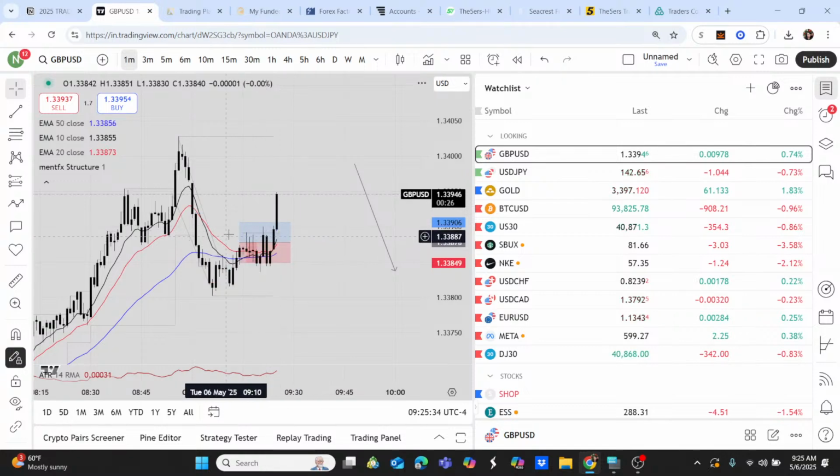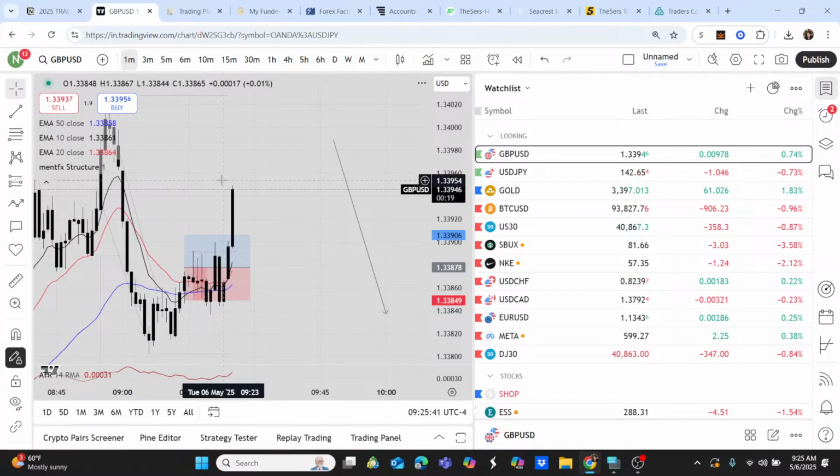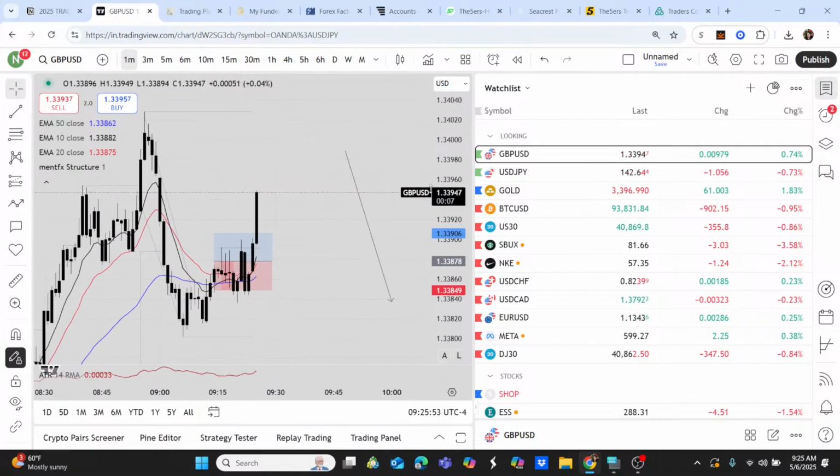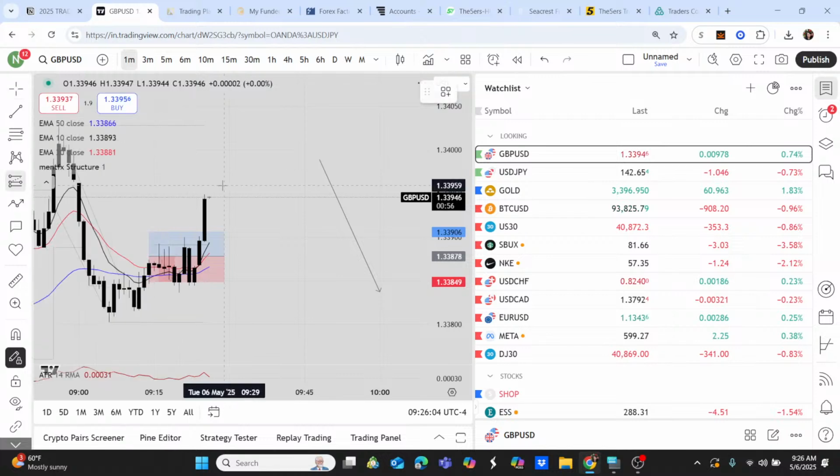Sometimes this is gonna happen where I get stopped out before the move. Let's see. But good thing is it was only a challenge trade. Good thing. So I gotta be quick with this.